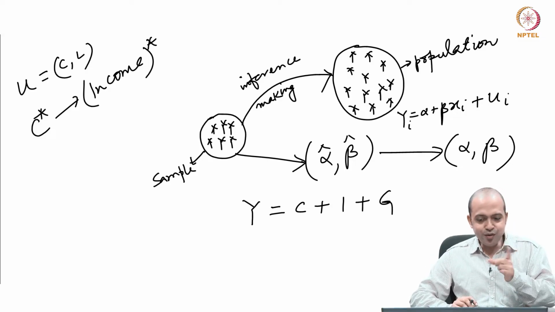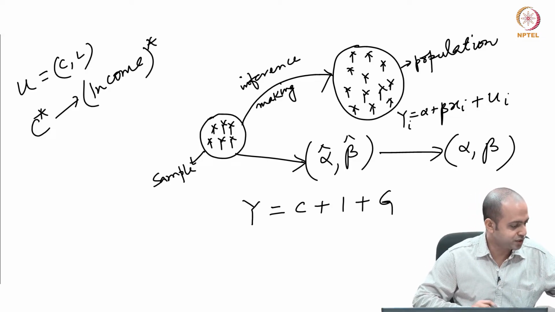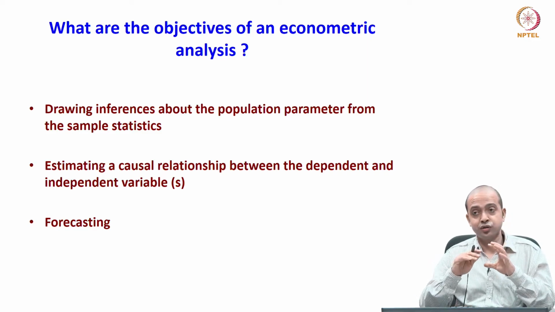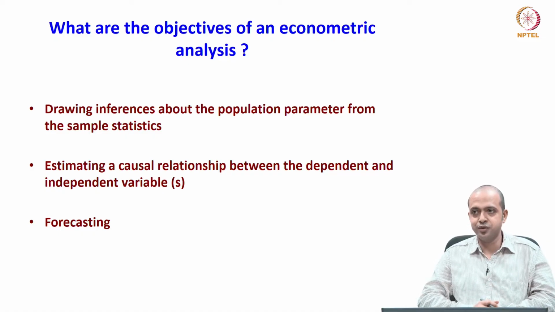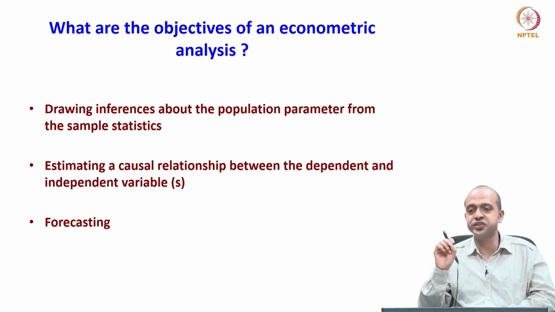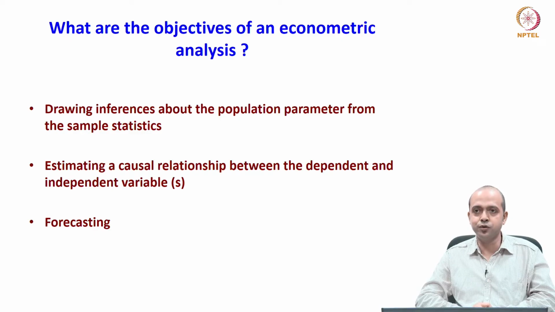So what type of econometric model will you specify? You will specify either Y equals alpha plus beta Xi or X equals alpha plus beta Y, that depends on your research objective. That is why it is the researcher, the econometrician, he himself or herself who has to decide about the dependent and independent variable.